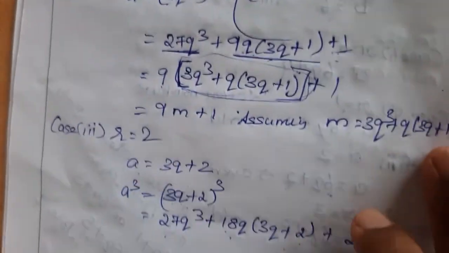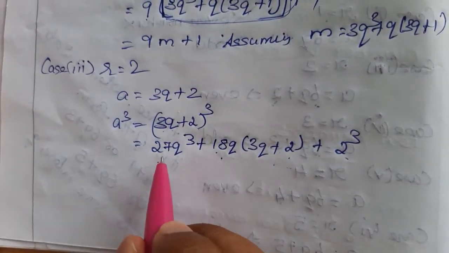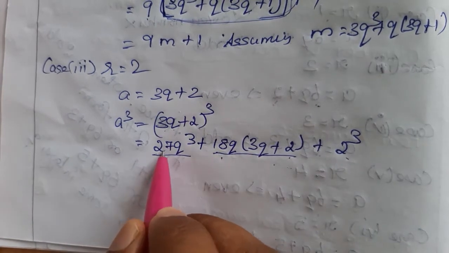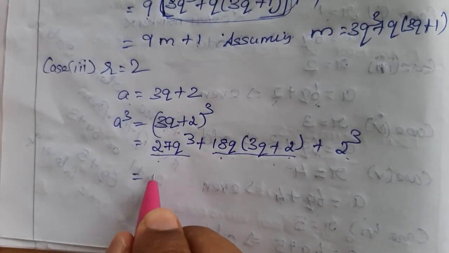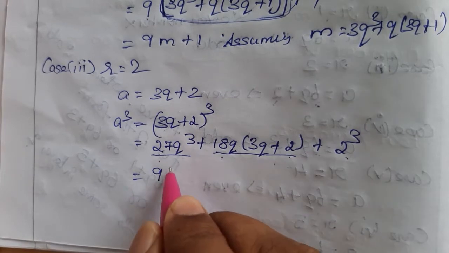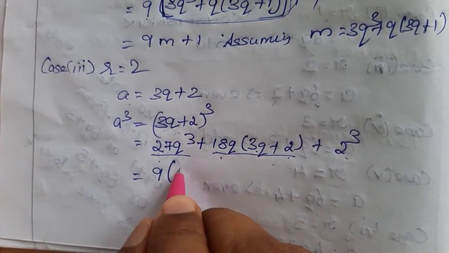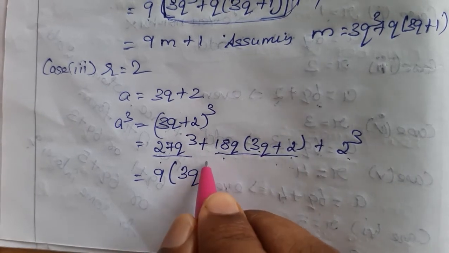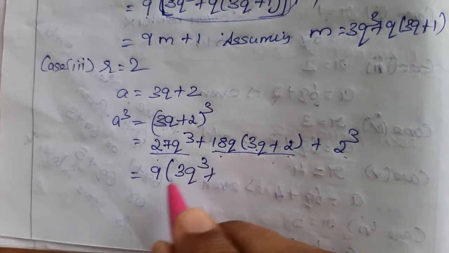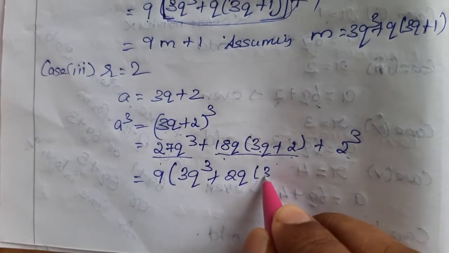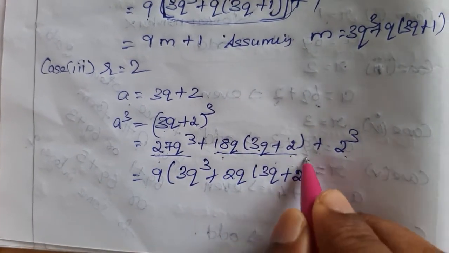The only thing is we want to express these two terms in multiples of 9. Is it possible? Yes. 27 is a multiple of 9 and 18 is also a multiple of 9. Using the distributive property, we write 9 into 3q cube plus 9 into, 18 is how many times 9? 2 times, so 2q into 3q plus 2.